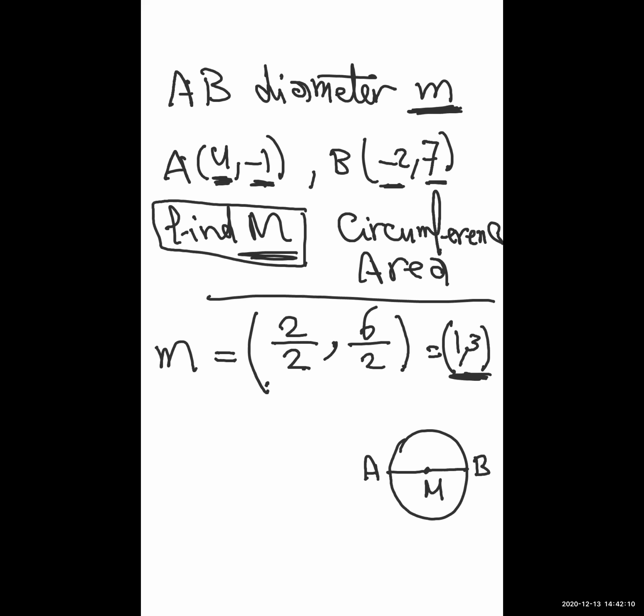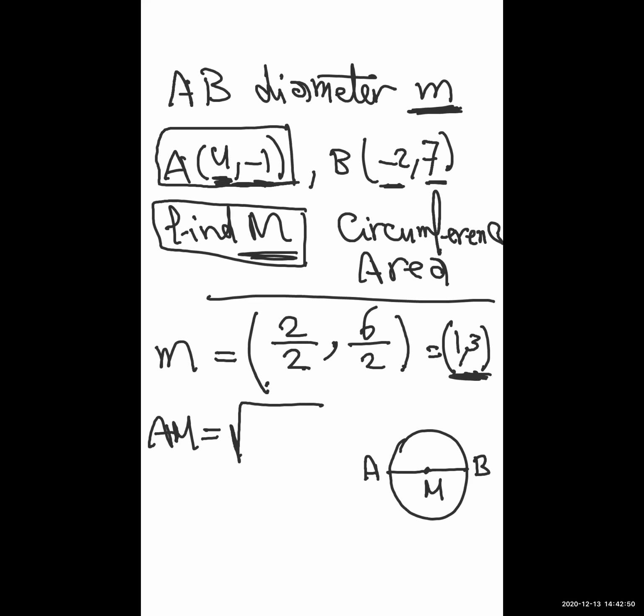Now I want to get the circumference and the area. The circumference equals 2πr and the area equals πr squared. So I want to get the radius. The radius will equal MA or AM. From the previous lesson, we said that it will equal the square root of (x1 minus x2) squared plus (y1 minus y2) squared for the two points A and M. M is (1, 3) and A is (4, -1).